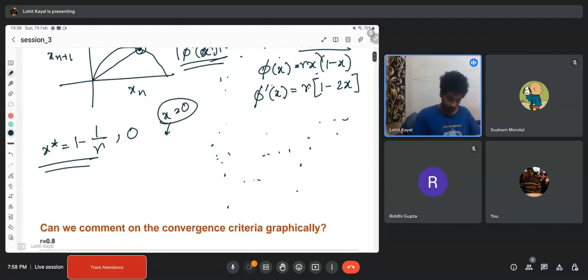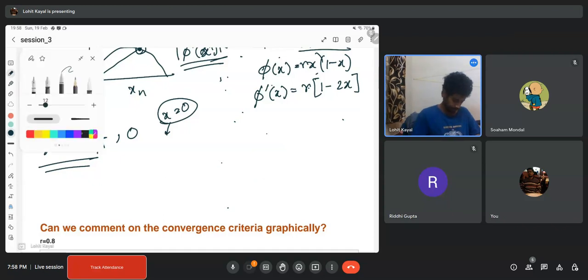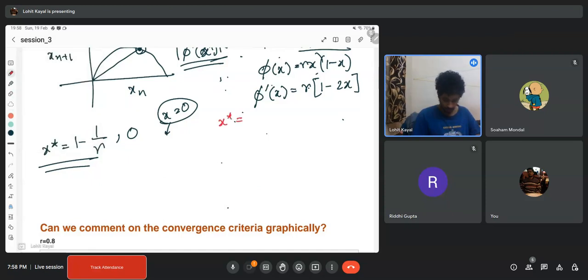So I have two roots. Let's write down the two roots over here, properly. Let's use another color, red. For x star equal to 0, my phi prime of 0 is just r.